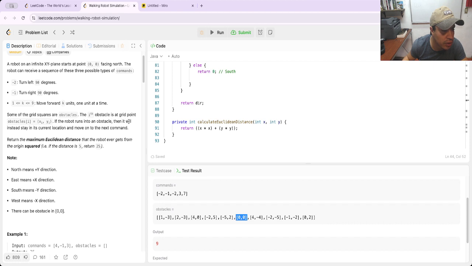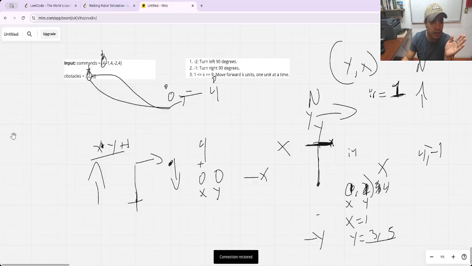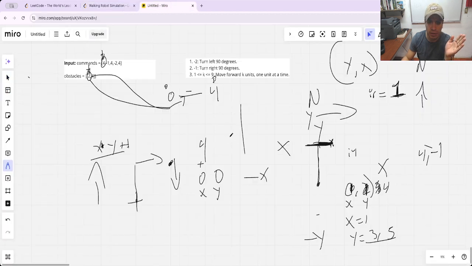Then it will instead stay in the current position. Here, what happens, for example, when you are here and you have an obstacle. Okay, it's moved to the next move, but what happened?